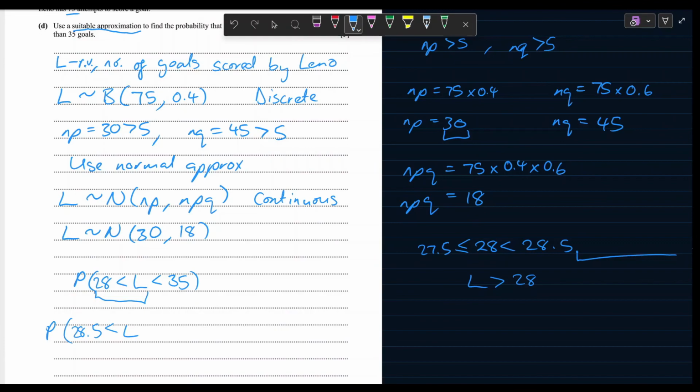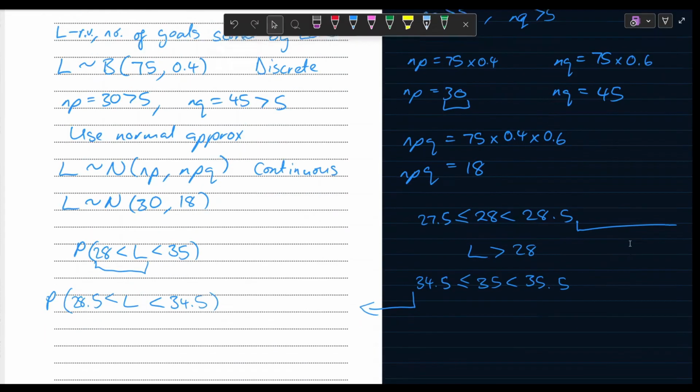And then the other part, L is less than 35. So 35 represents all numbers from 34.5 all the way up to 35.5. And in this case, we're saying L is less than 35, so we don't want to include 35 and we're moving to the left. So we want to take less than 34.5 so that we ignore all numbers that are represented by 35. So less than 34.5.